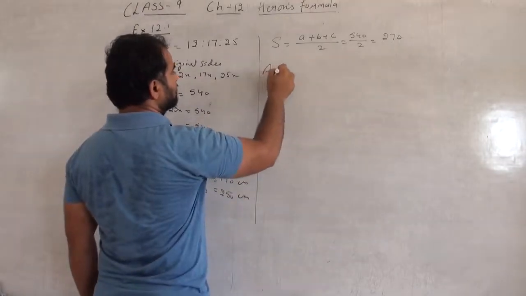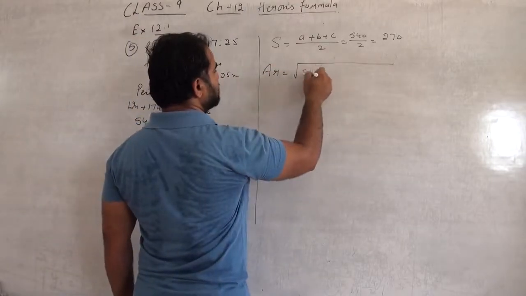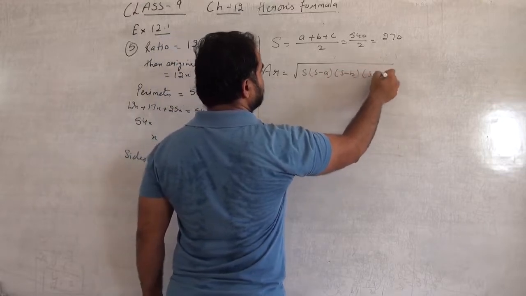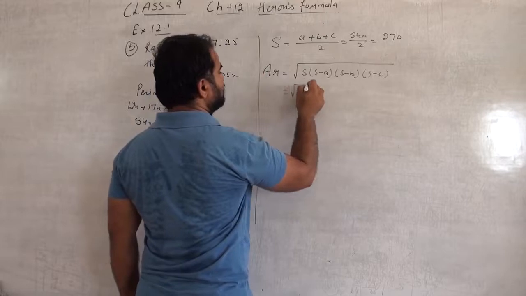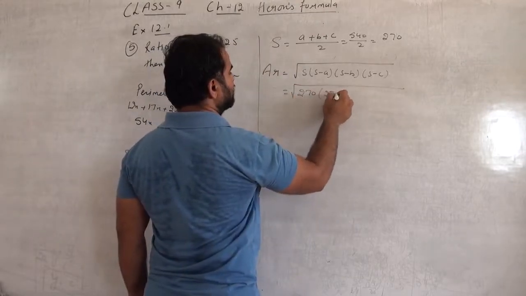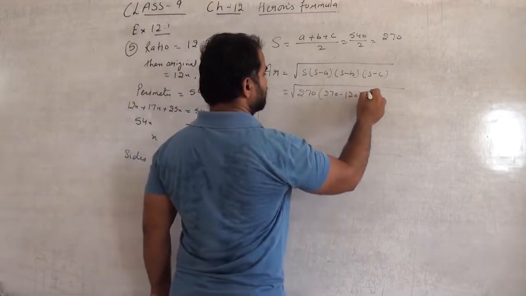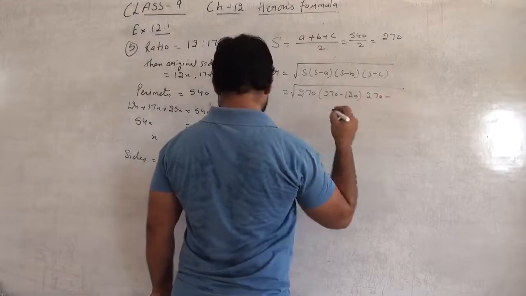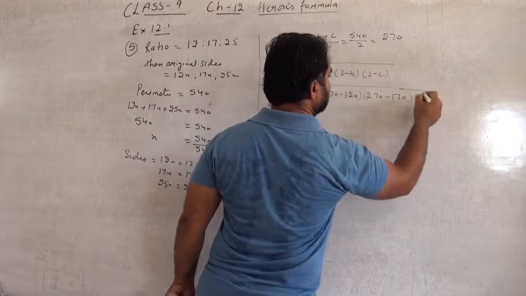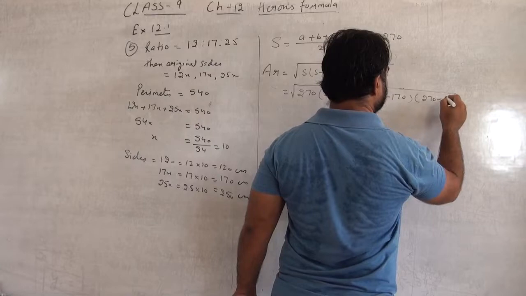So area equals root of S minus A, S minus B, S minus C, which equals root of S is 270, bracket 270 minus 120, 270 minus 170, and 270 minus 250.